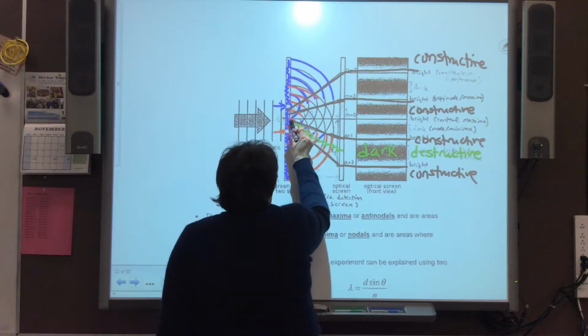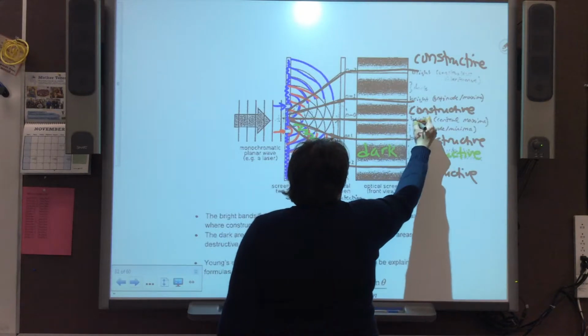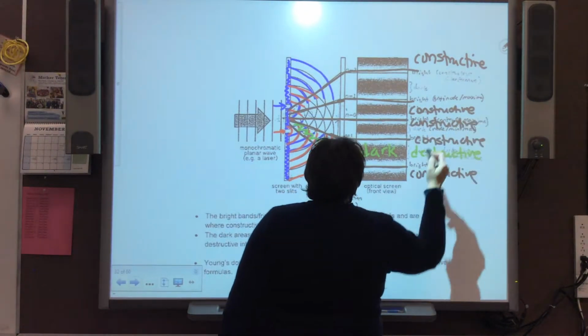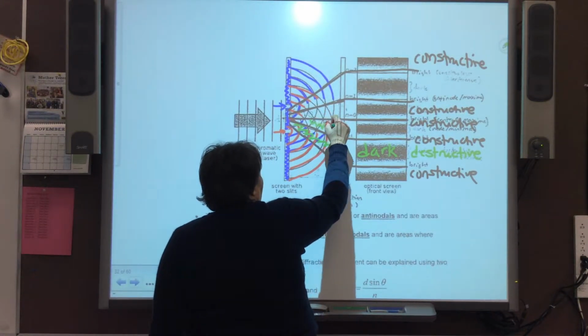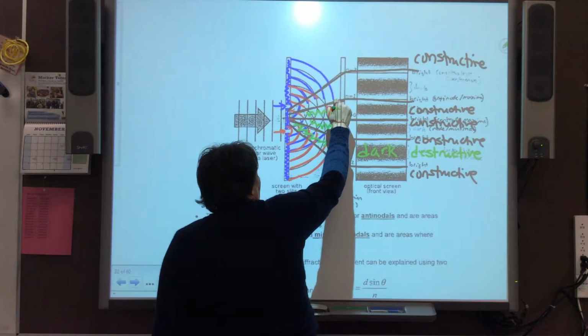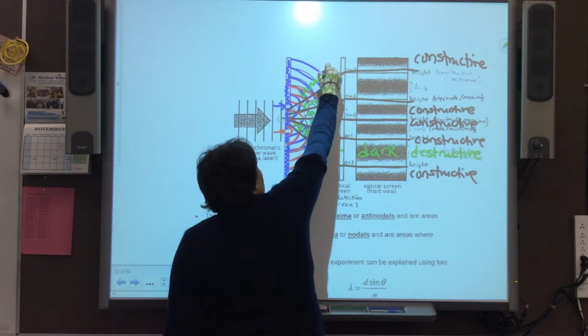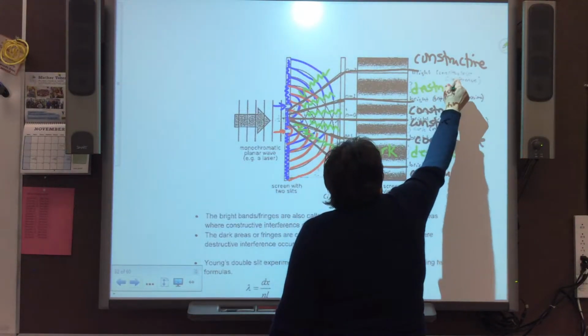There should be another line here, I missed this one. So then in this area, you can see the waves don't match up. In this area here, they don't match up. In this area here, they don't match up. And so wherever we have that, we have destructive interference.